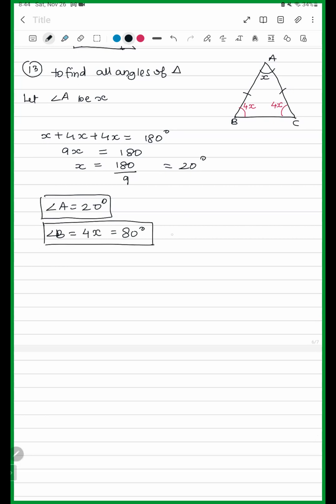And so angle C, what is angle C? Angle C is equal to angle B, isn't it? Because it's an isosceles triangle. So that is also 80. Done? Can you give me one minute to write it down? Yes, sure. Hiba, also remember, always mention the unit over here. Don't forget to put this degree sign, okay?